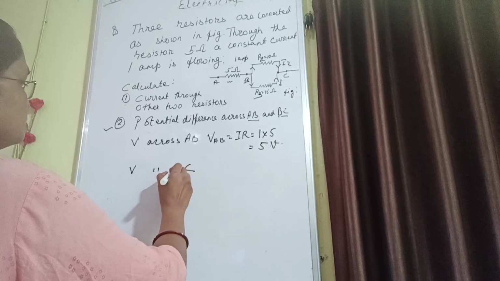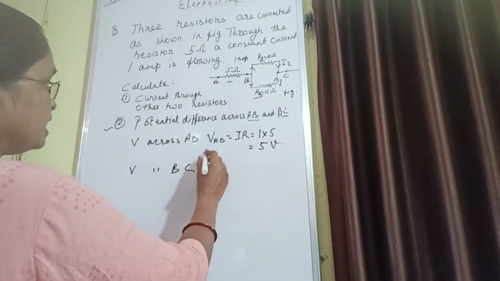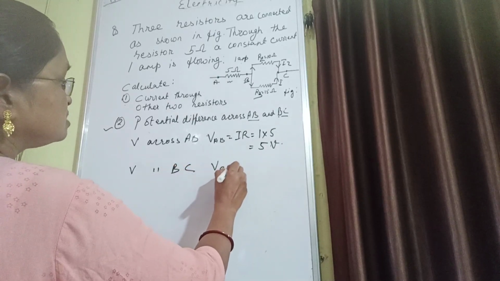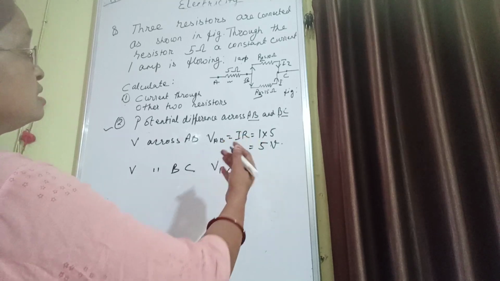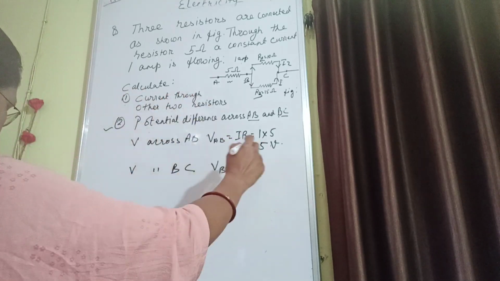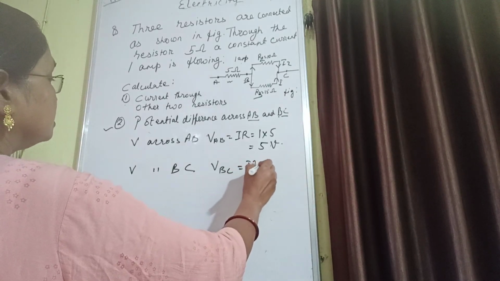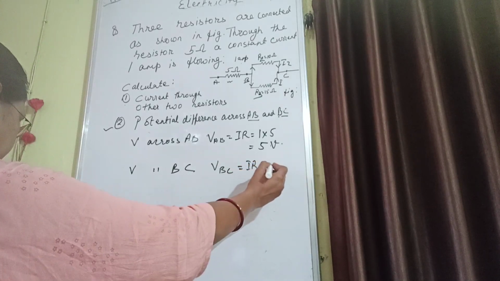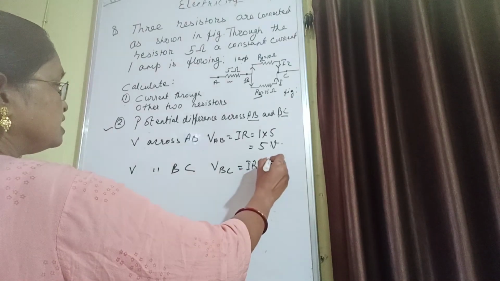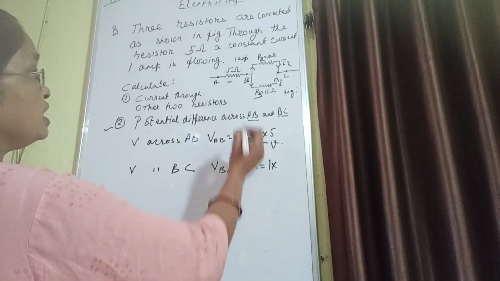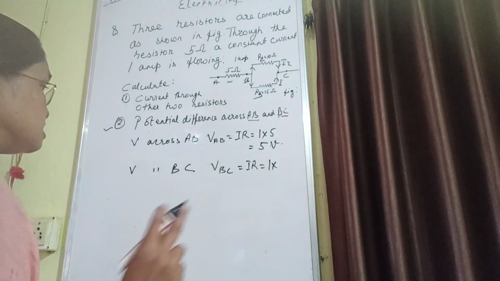So here you see BC, we can write VBC. Just now, as in the first case, it is I R. I we have again 1 ampere, and R we have is 6 ohm.